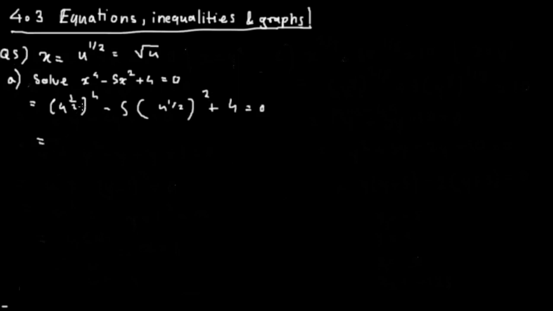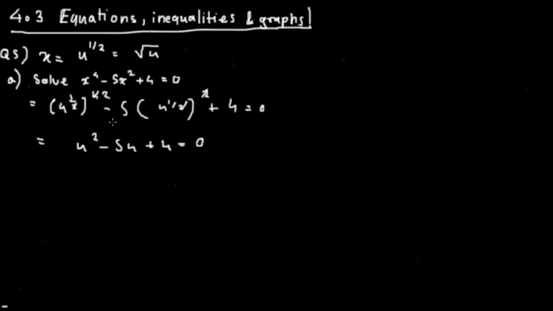Now, this square, what is it? Oh yeah, this is u, by the way, this is just a 1, so then this is equal to u squared minus 5u plus 4 is equal to 0.